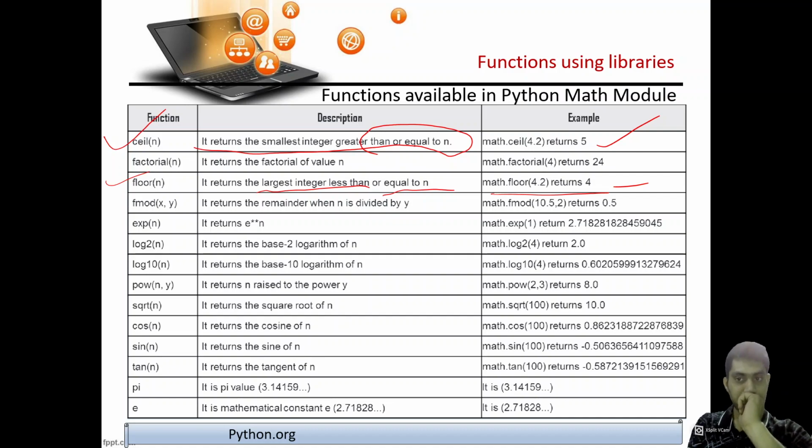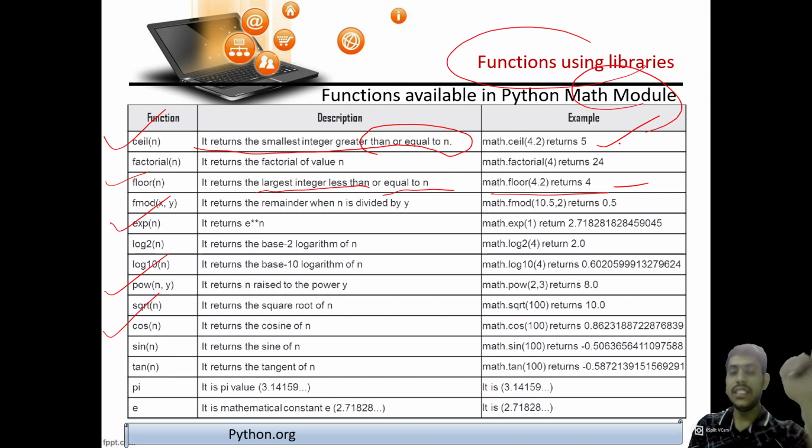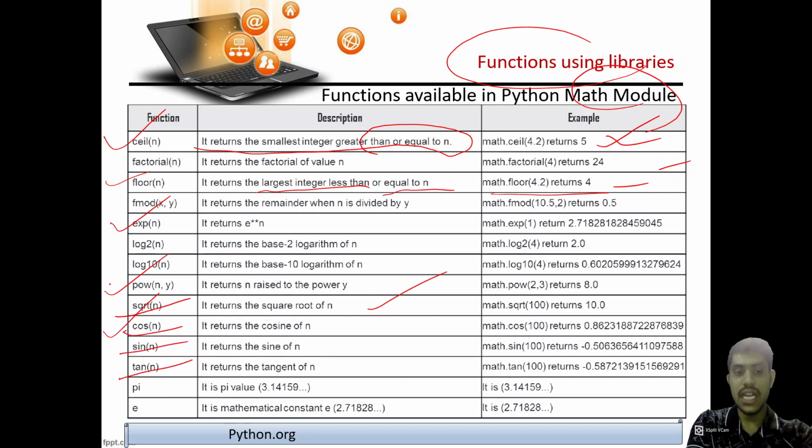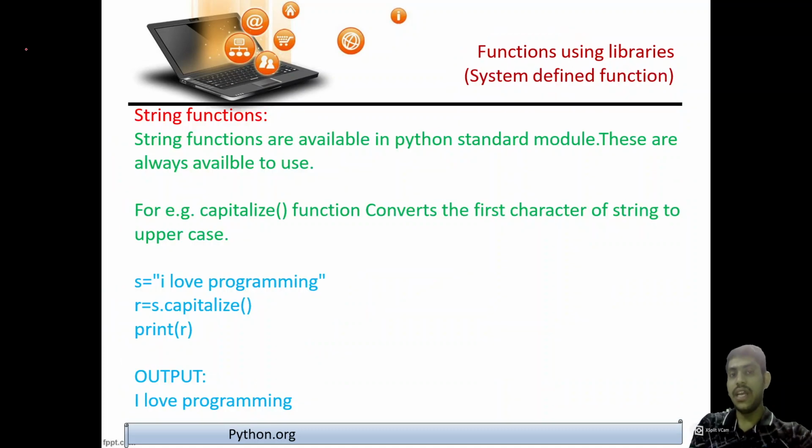Like this, log, exponential, all the functions are present in the math module. You can see these are the functions. Take a screenshot, and if a question arises on the use of these functions, you can write it down. Square root, square, cos, sine, tan, power, everything you can get.